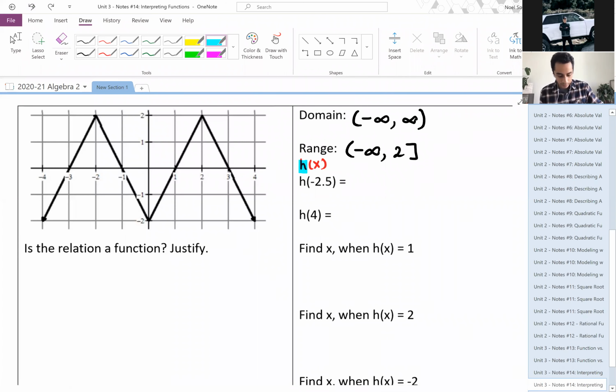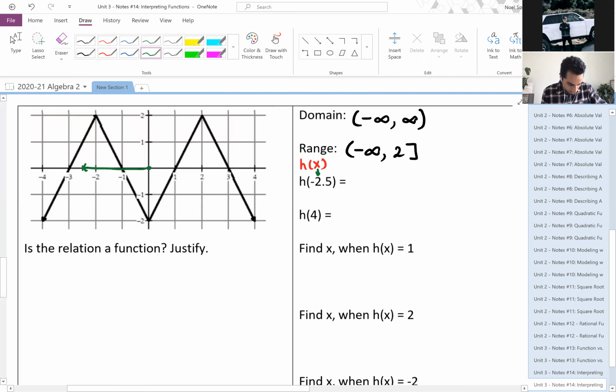Okay, so what this is asking us once again is, what is the output when the input is negative 2.5, right? That's what we care about. x is negative 2.5. So what is the output? What is the y value? All right, so let's track over to negative 2.5. Negative 2.5 is right around here.